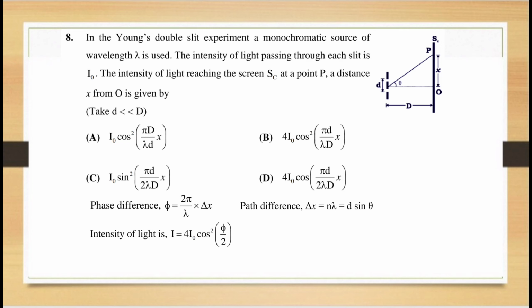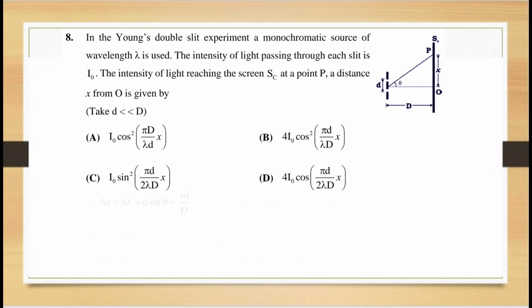We also know that in Young's double slit experiment, n lambda is equal to xd by D. Therefore delta x equals n lambda equals d sin theta, which equals xd by D. Therefore phi equals 2 pi by lambda into delta x, that is xd by D, which equals 2 pi d by lambda D into x.